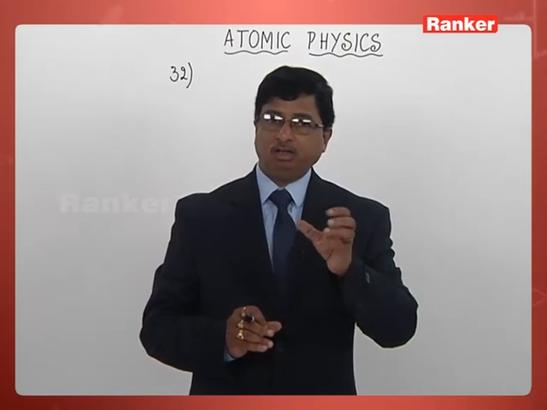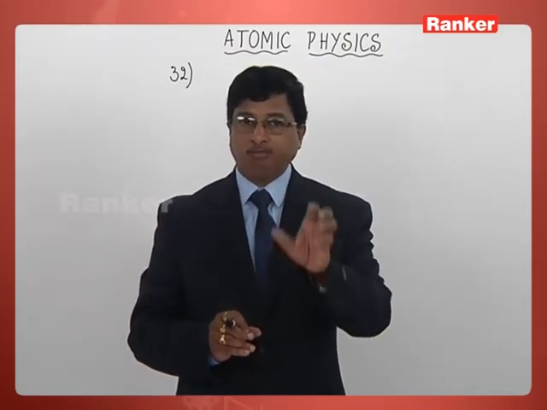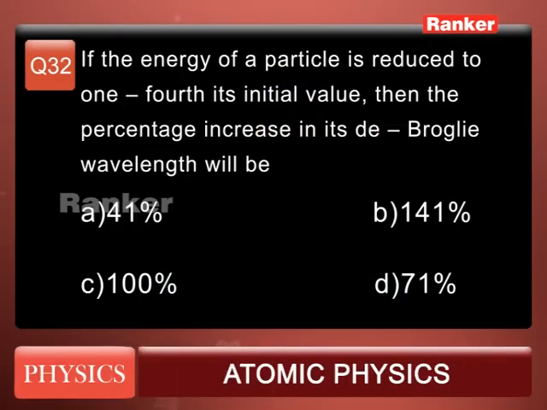What is the percentage increase in de Broglie wavelength? That is the question. Four options have been mentioned once again. The first option is 41%, second option is 141%, third option is 100%, and fourth option is 71%.